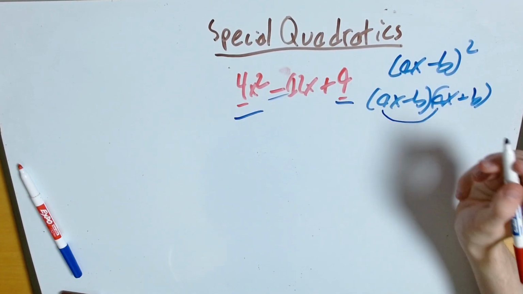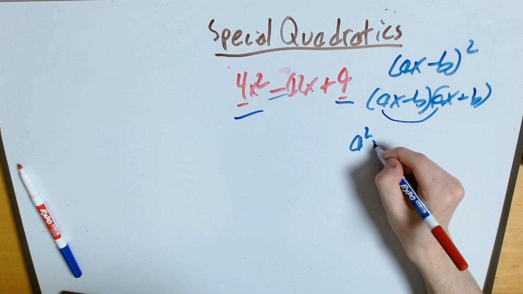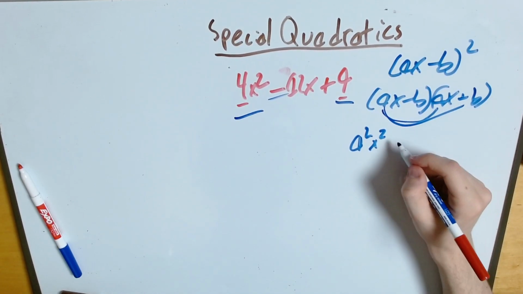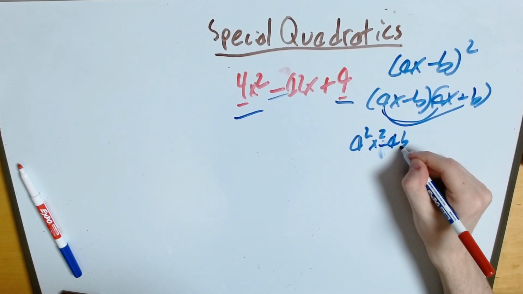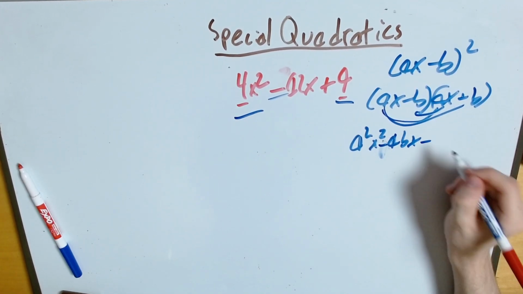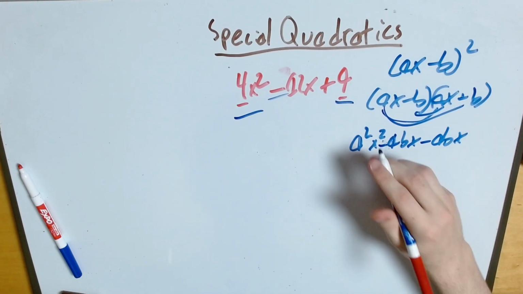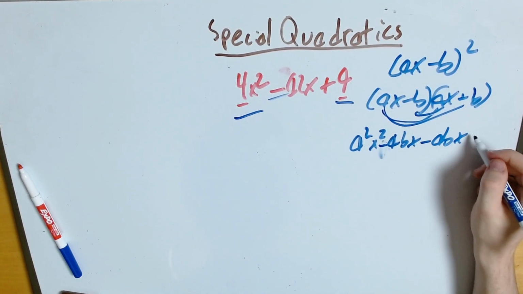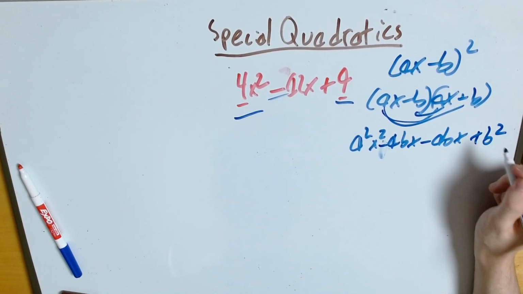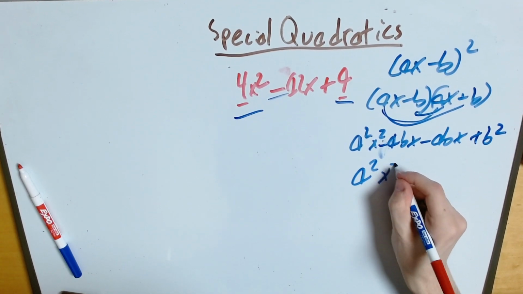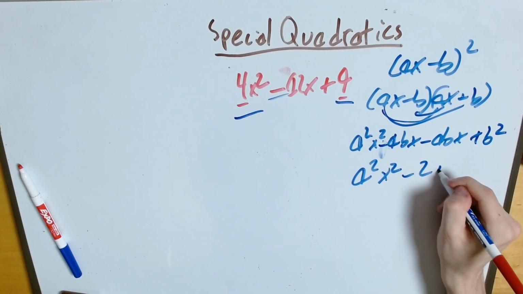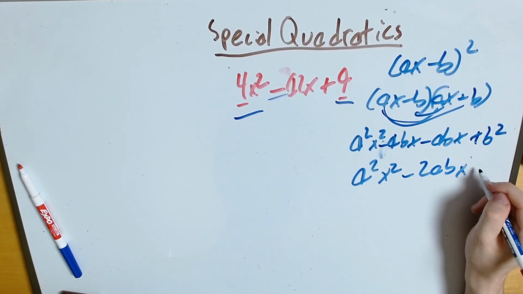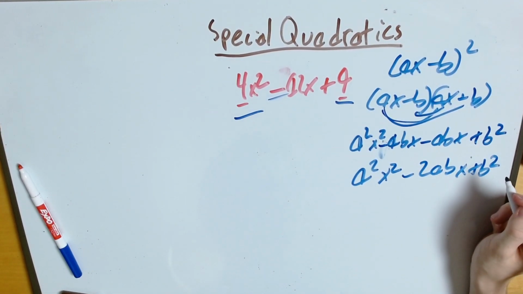We multiply these together, we get a squared x squared. On that we get minus abx. Multiply that we get minus abx. Minus abx minus abx. When we multiply these together, we get positive b squared. So we notice, hey, all told, we get a squared x squared minus 2abx plus b squared.